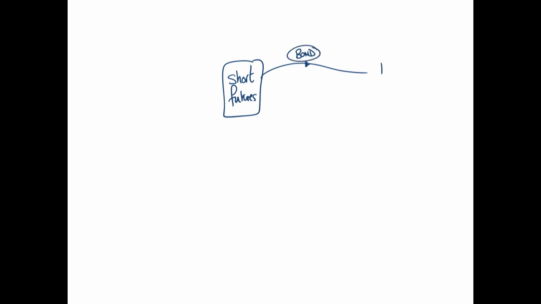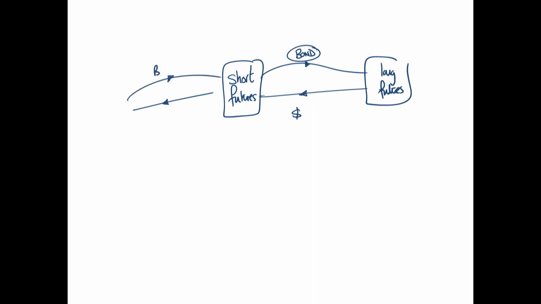And what they'll receive from the long futures side is some cash. That's what we're talking about here. This is the calculation that we're doing. And that cash will obviously depend on what the futures price is. The short is going to go out and buy the bond, this bond that they're delivering. They're going to go out and purchase the bond.